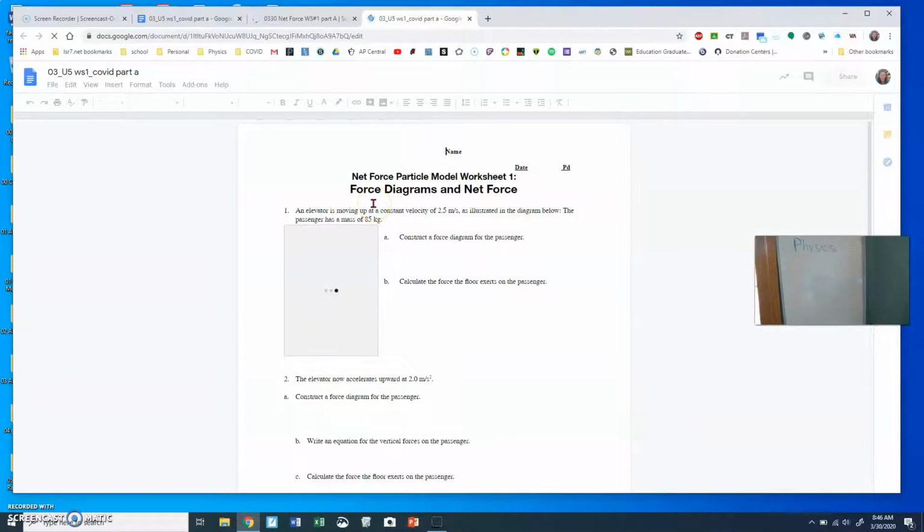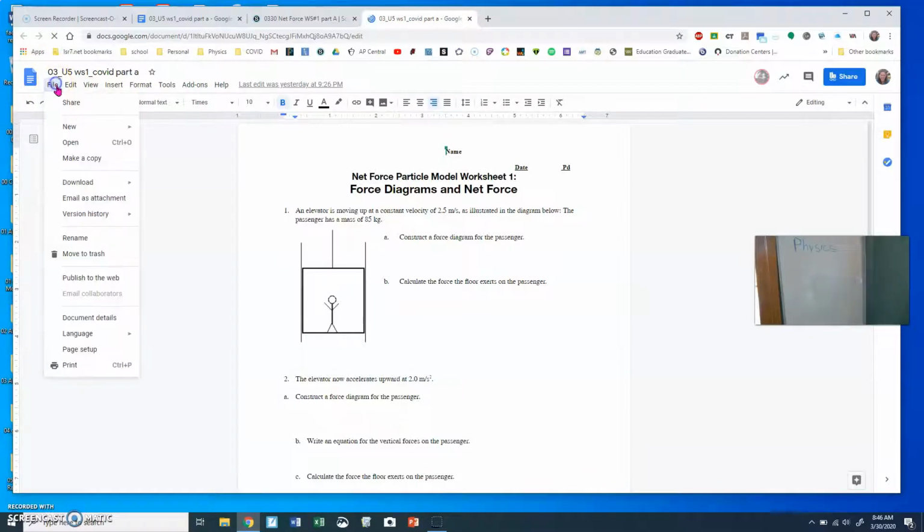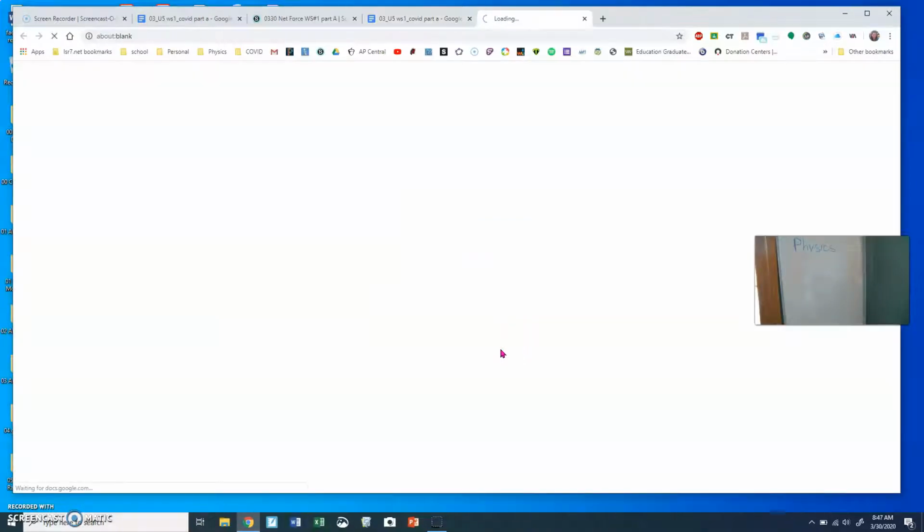Okay, and once we get this sheet, all right, this is COVID Part A, you're just going to make a copy, okay? Make a copy, it doesn't matter how you name it. I put my initials, worksheet number 1, Part A, just for my reference, okay? You can name it whatever you have to keep track of it.